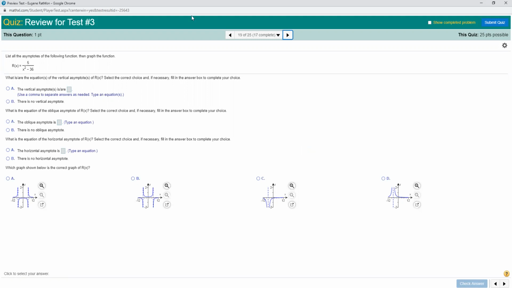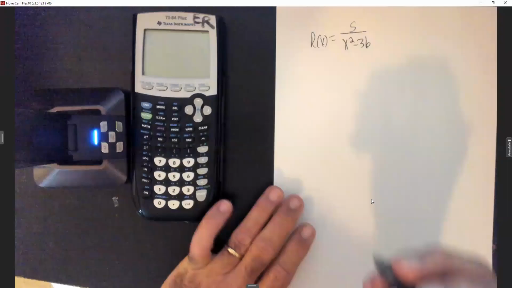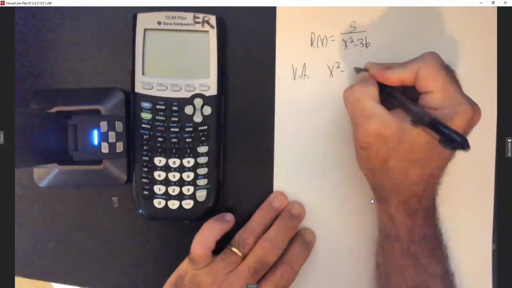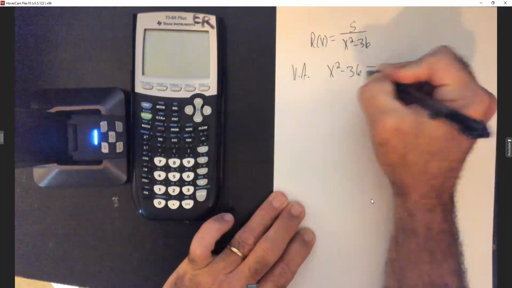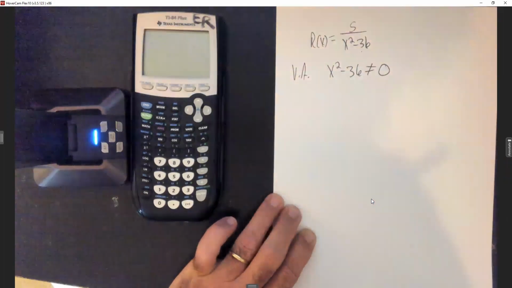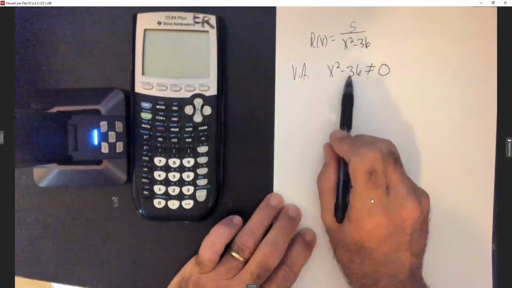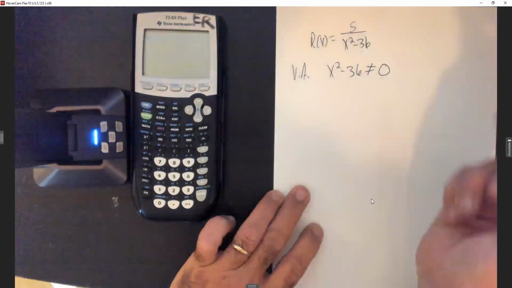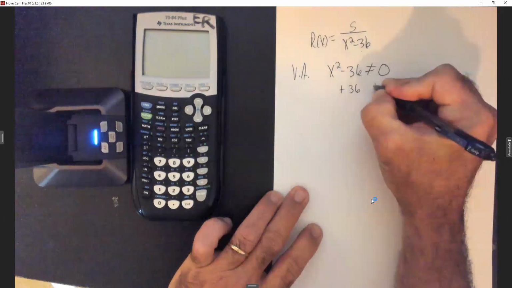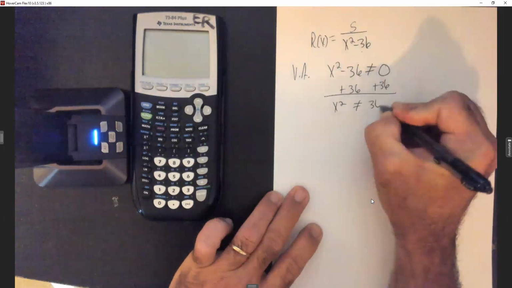So let me show you what I would do to find my horizontal and my vertical asymptotes. To find my vertical asymptotes, I would take the bottom and set it not equal to 0. Since there's not an x term in this one, the easiest way to solve this would be by square roots. So I'm going to add 36 to both sides, and then square root.